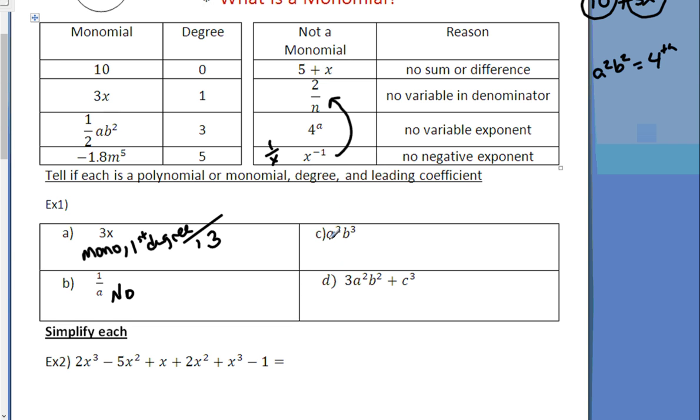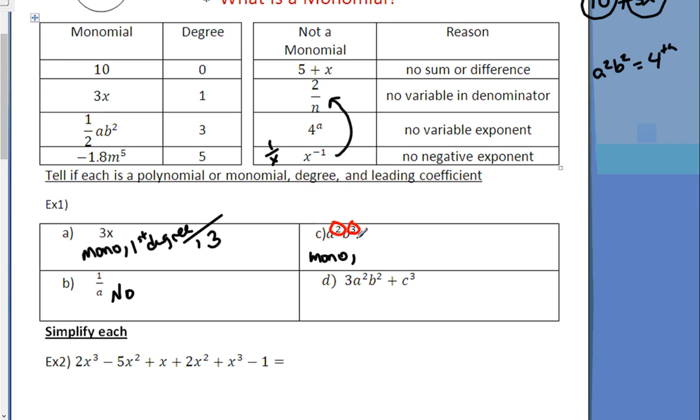In example C, is this a monomial? Well, yeah, it looks almost exactly like this one, right? So it's a monomial. What degree is it? Remember what you do. You look at all the powers and you add them together.